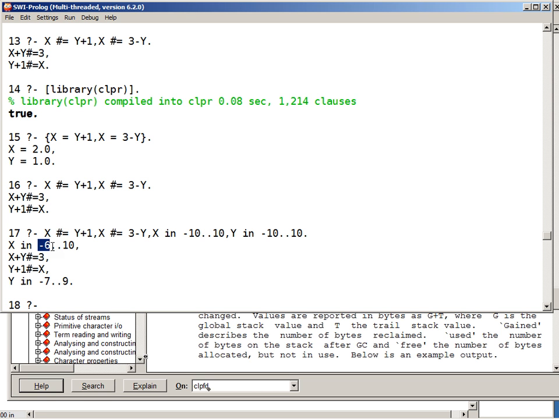Essentially, whenever we work on finite domains, the system will retain bounds, limits, for every variable. And whenever it acquires more information, it will try to shrink these limits. We start with a large domain, and every processing that is done through the constraints is trying to shrink the domains. If all the domains are brought to singletons, then we have found a solution.